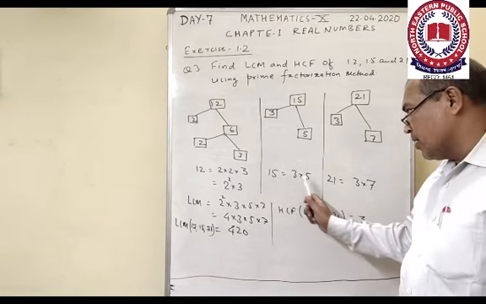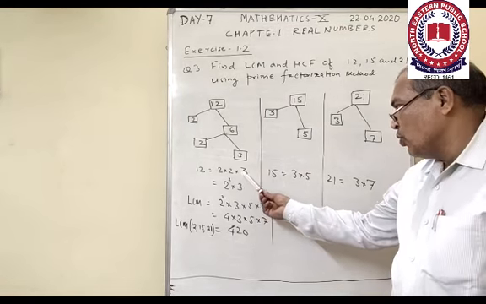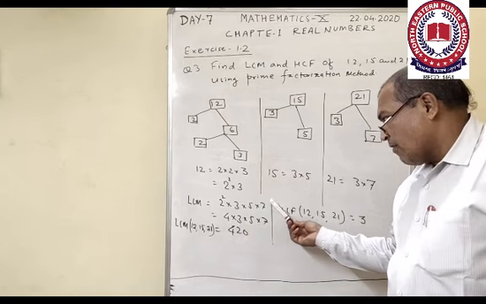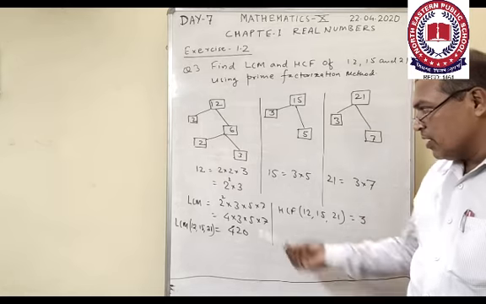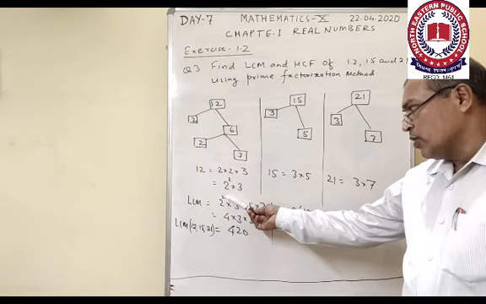In these three numbers we observe the different prime factors are 2, 3, 5 and 7. Let us multiply them. After that we see the highest power of 2 in all three factorizations. Here 2 square is the highest power, so we consider 2 square.